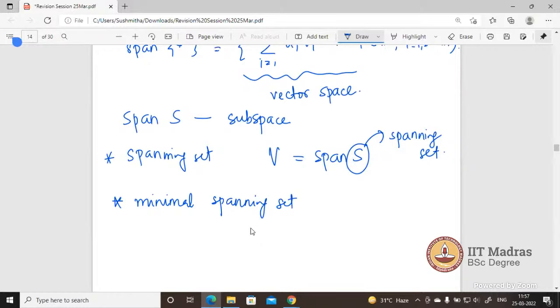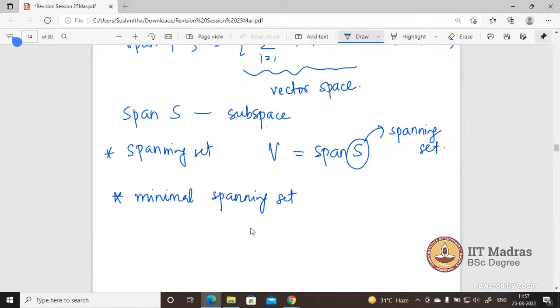The minimum number of elements in the set which will span the vector space. Yes, if you remove one element from that set, it's not going to span anymore. So you need a minimum of these many elements to span the vector space. If you remove even one element from it, it's not going to span. That is a minimal spanning set.